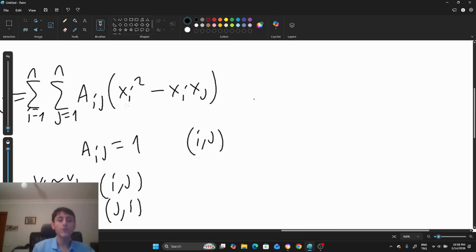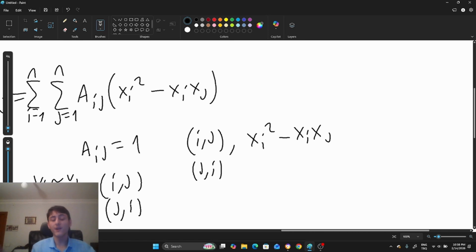We have the expression, well, aij is going to be 1, so it's again trivial to write multiplied by 1. We are going to have xi squared minus xixj from our summation. For j and i, where we swap i and j with each other, we are going to have xj squared minus xjxi.